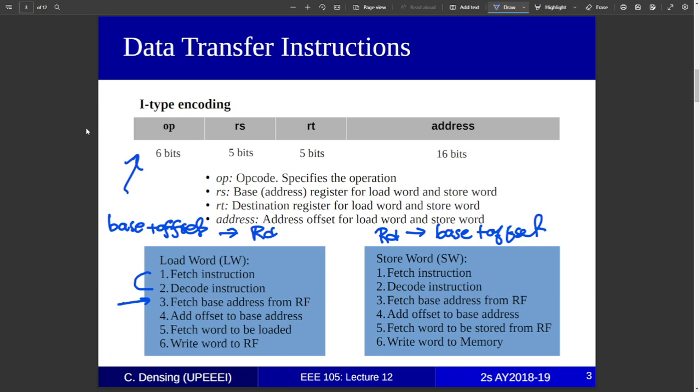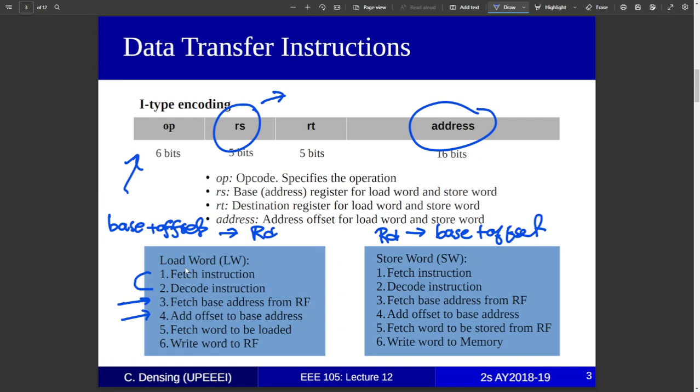So in either case, we need to fetch the base address. We need to know what the base is, and we need to know what the offset is. And the offset is determined by this guy, the address, and the base is actually determined by this guy, the RS. So steps 3 and 4, we need to fetch the base address. This is fetching the operand from RS.